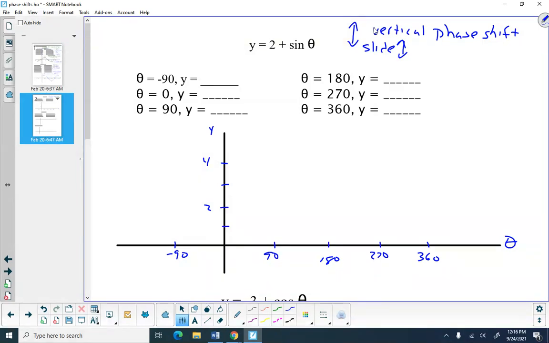What I want you to do is now type in 2 plus sine of negative 90, 2 plus sine of 0, 2 plus sine of 90, and find your values. And plot their ordered pairs and get a graph down.